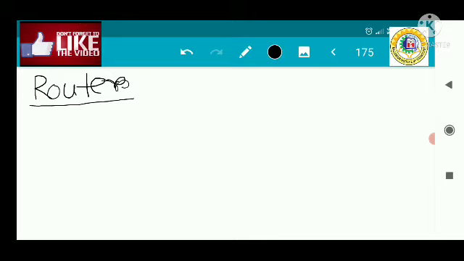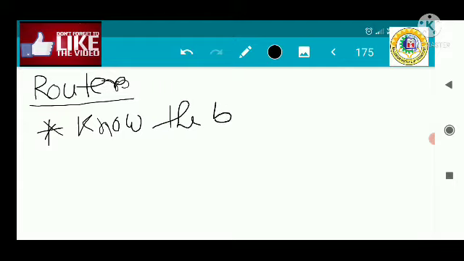Upon the completion of this session, the learner will know three main things. First, know the basics of the router.